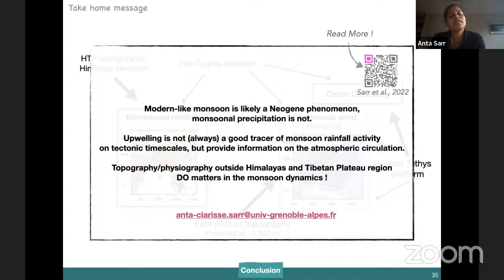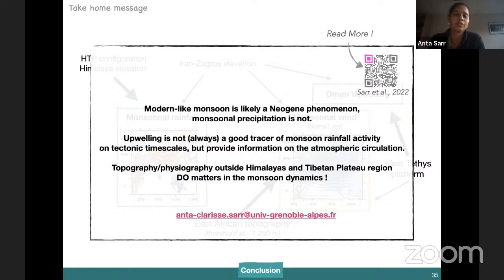I would say that this modeling study tends to show, along with paleoceanographic records, that modern-like monsoons, meaning monsoons with both present-day atmospheric circulation and rainfall, are likely a Neogene phenomenon. But this does not prevent the fact that monsoonal precipitation occurred before that. I would also say that upwelling is not always a good tracer of monsoonal rainfall activity, especially on tectonic timescales, but it provides information on the pattern of surface ocean current circulation, and therefore on the pattern of atmospheric circulation.